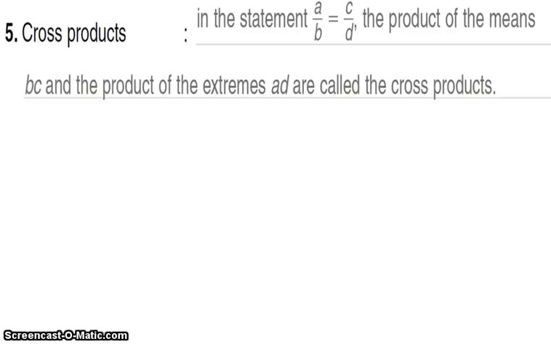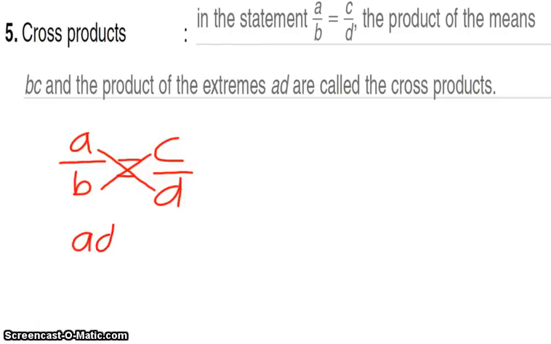If you have the proportion a over b equals c over d, with your cross products, what you're doing is you're taking your a and multiplying it to the d. You're going to take your b and multiply it to your c. So this will end up being a times d equals b times c.